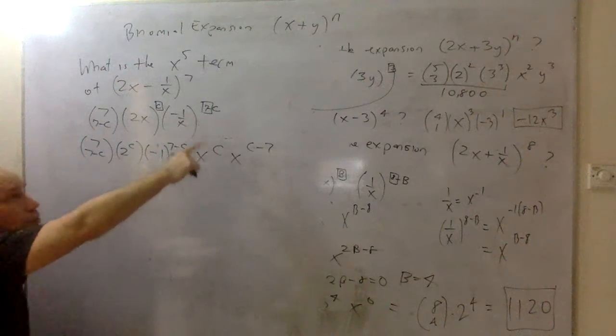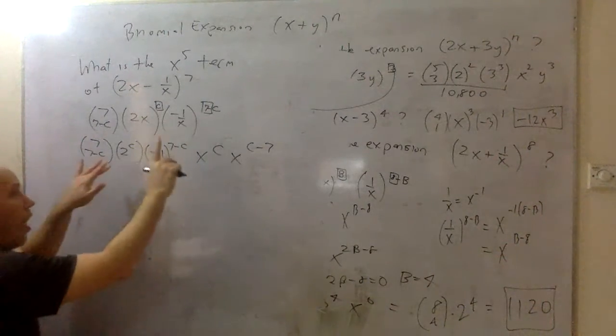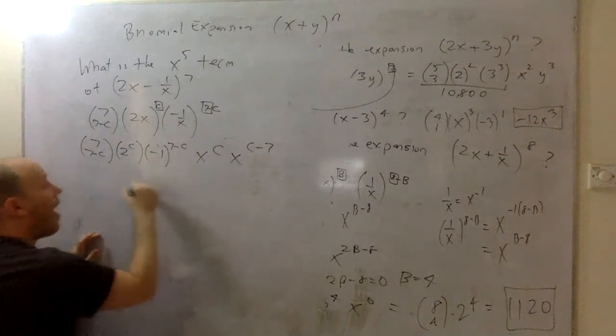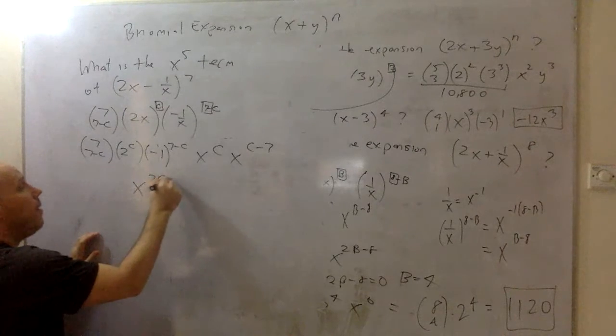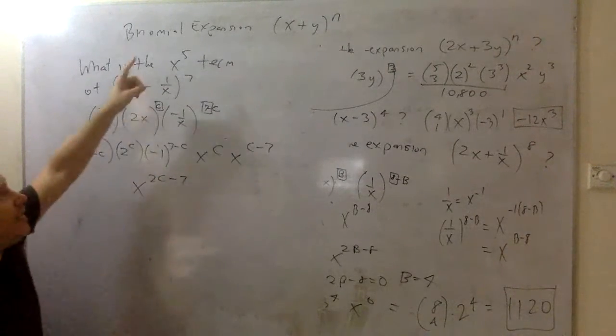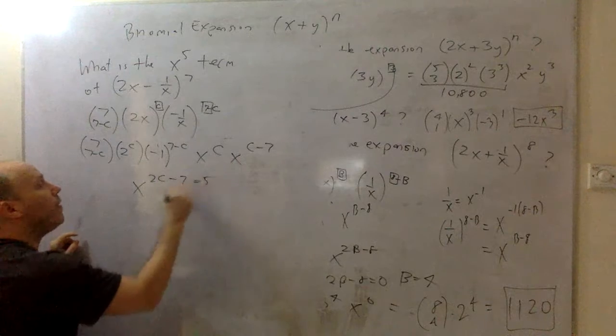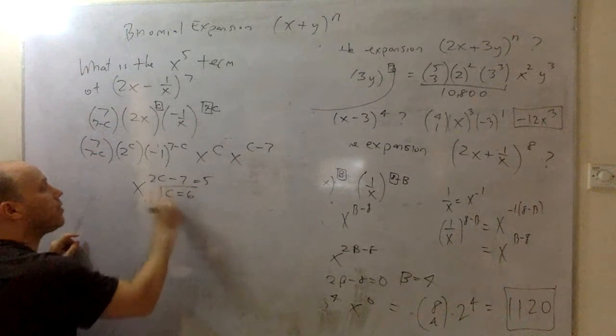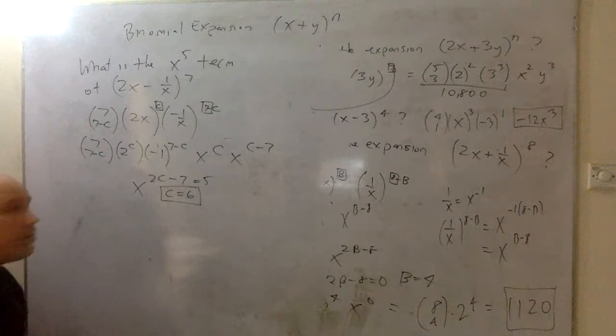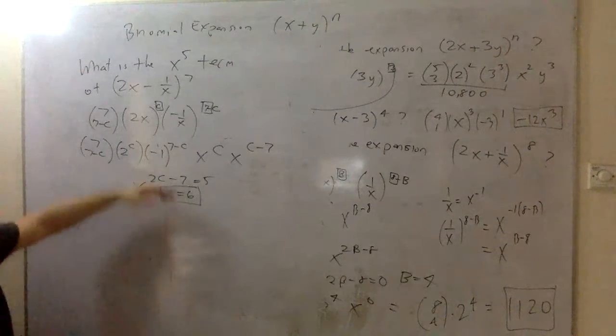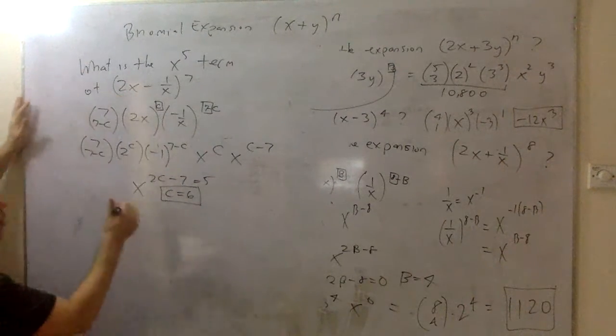There's that little trick, because good kids know that. So what's going on here? So we have x to the 2c minus 7. I need that to be equal to 5. That means c equals 6. So it's going to look like this.